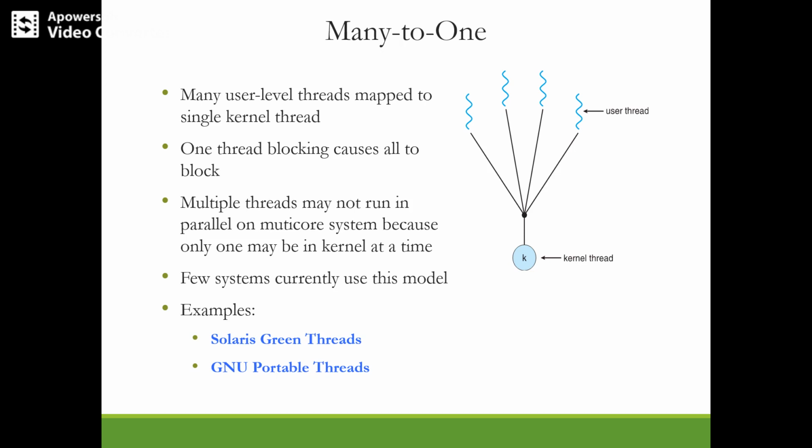And thread management is done in the user space by the thread library. In case a thread makes a blocking system call, the entire process will be blocked, because there is a single kernel thread and only one thread can access the kernel at a time. So multiple threads will not be able to run in parallel.